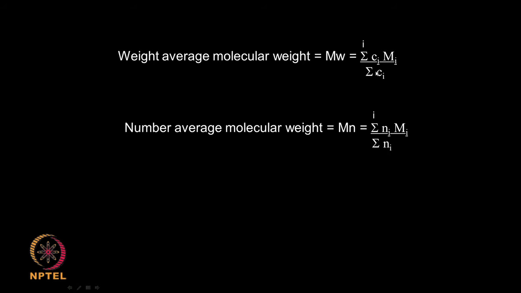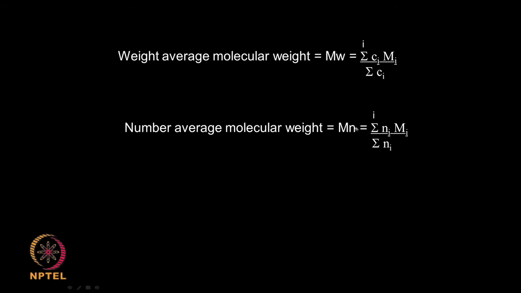So, you multiply Ci Mi and divide by all the concentrations. That will give you the weight average, whereas in the number average, instead of Ci you use Ni, that is the number of molecules having that molecular weight Mi. So, you divide by the total number, summation of Ni. This is defined as Mn and that is defined as Mw.